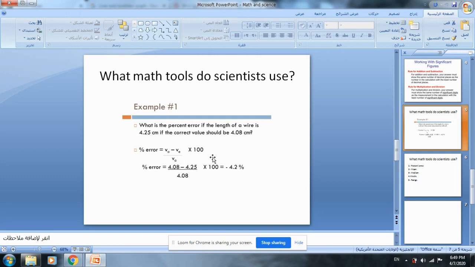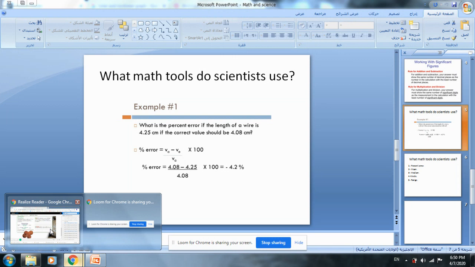But here, the one who did the process made one mistake. The answer should not include a minus sign. So the absolute value of the subtraction between 4.08 and 4.25, divided by 4.08, times 100, gives you 4.2%.